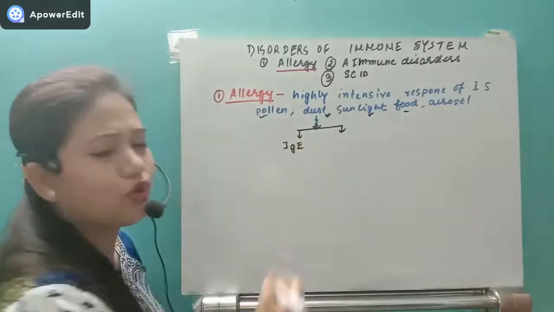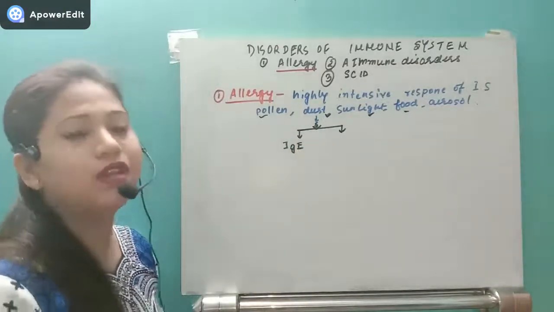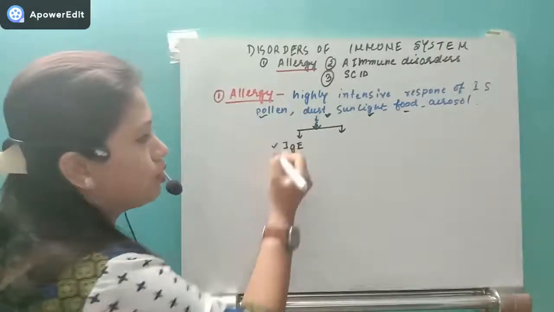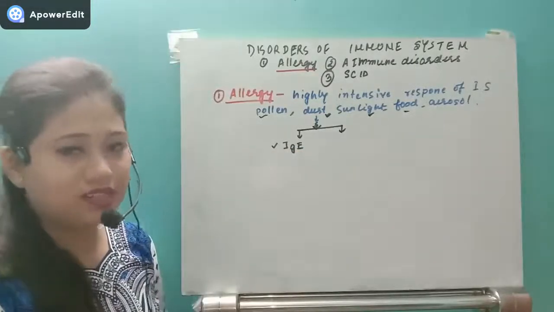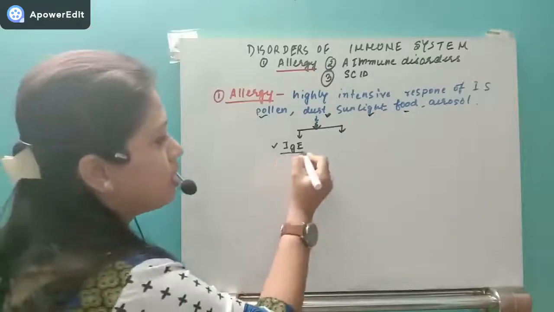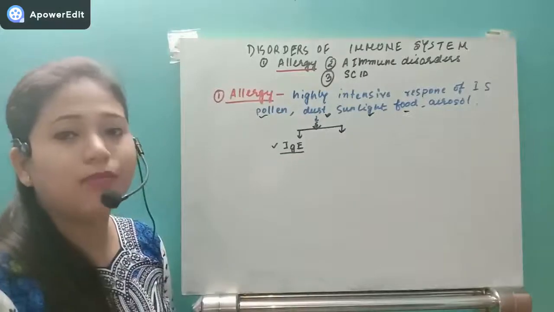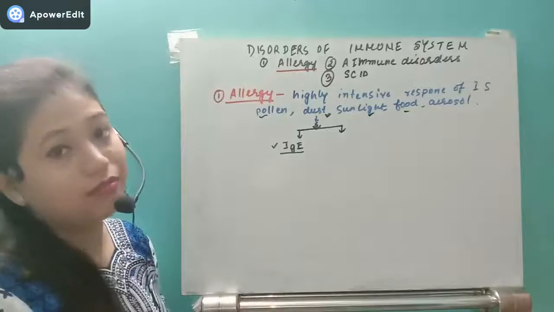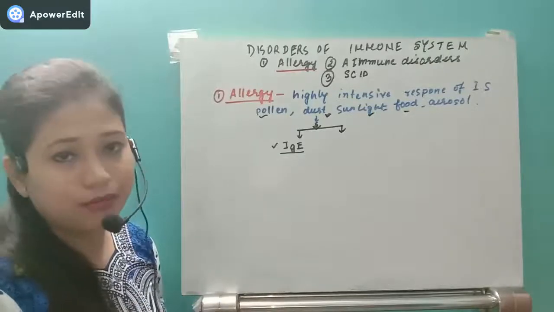Immunoglobulin E will start to increase. I have already told you, when we discussed the different types of immunoglobulins, that IgE takes part in the allergic reaction. So the IgE level will be very high in the blood.